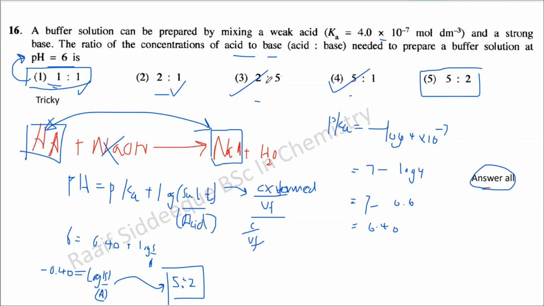If you use the reverse, here 2:5, the volume of the salt can be higher than the volume of the acid, because concentration of salt is lower here. So here the concentration of acid is higher, so the volume will be lower. Here the concentration of acid is lower, the volume will be higher. So anyway, you have to understand all these values can be used in order to make the pH 6 buffer. That is why they have given here the answer as all, because you can use any of these.